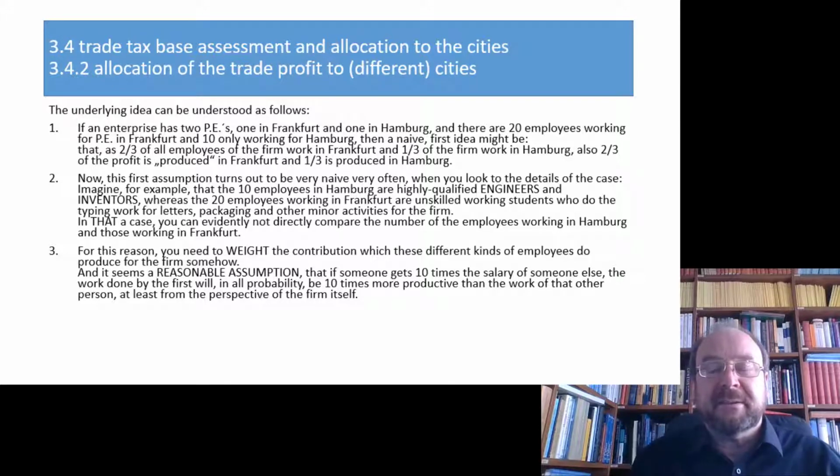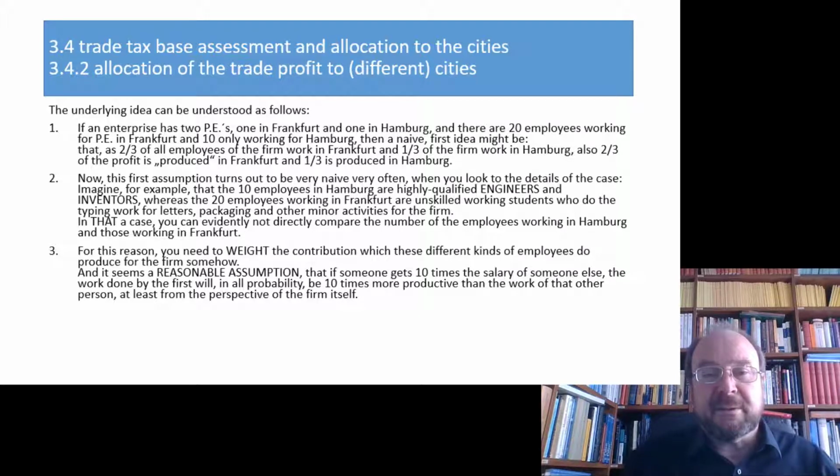Well, and here is now a reasonable assumption: if someone gets, let's say, 10 times the salary of somebody else, then this person's work is also worth 10 times more than the work of somebody else, so that it's 10 times more productive. That assumption is not unreasonable, especially if the people have the possibility to negotiate about their salaries.